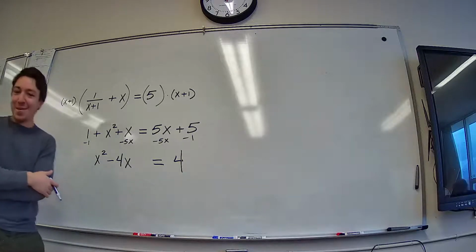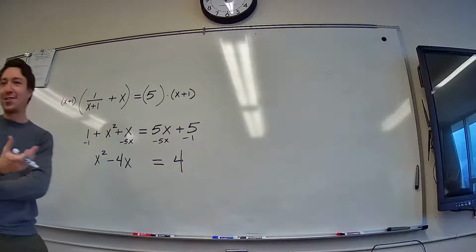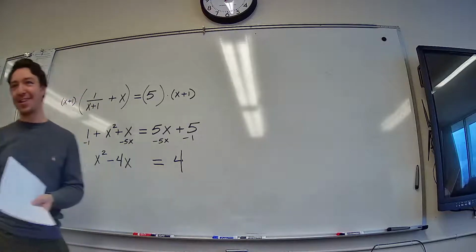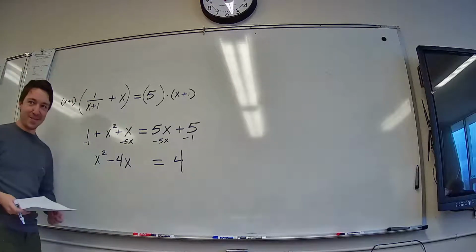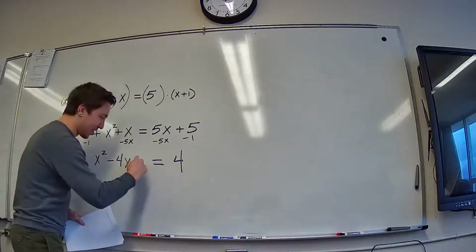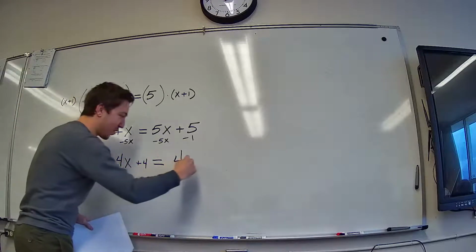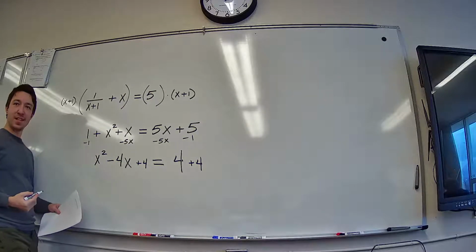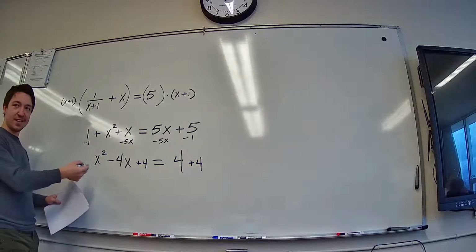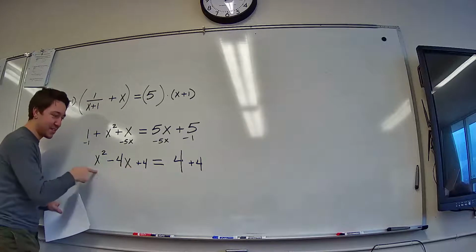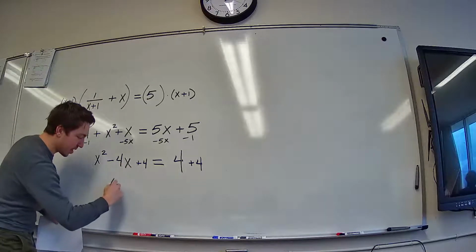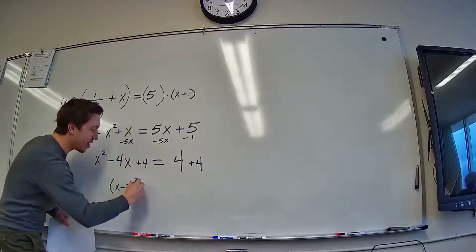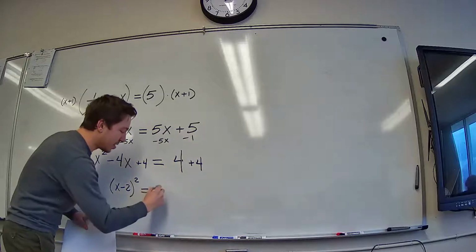But assuming that we are gonna exercise our illusion of free will here, we're gonna go like this. Plus 4 on both sides. That's now x minus 2 squared. And this side's 8.